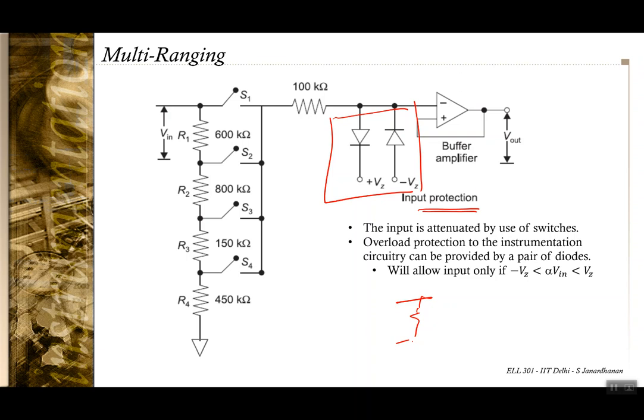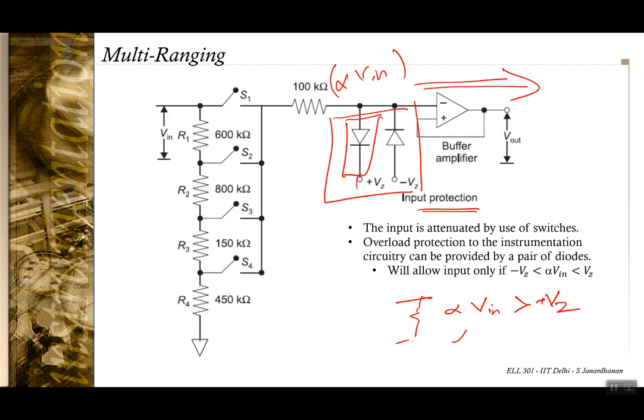Whenever you have the voltage here, that is alpha times Vin, the proportion of Vin that is coming in, if alpha Vin is greater than plus Vz, then this diode will be forward biased, so the further circuitry is protected.